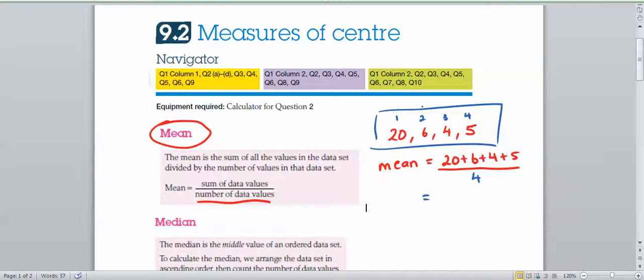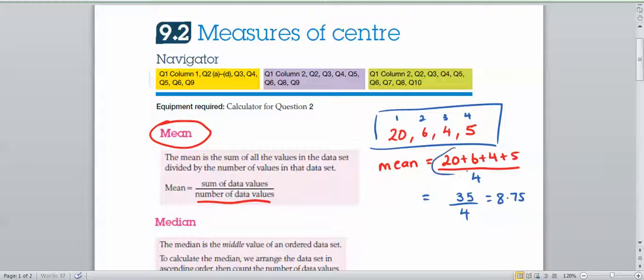So the average score each quarter, or the mean, would be 35 divided by 4, which is 8, 3 over 4, so let's say 8.75. So the average scored for each quarter would be 8.75 points. Clearly that can't happen, but that would be the average.